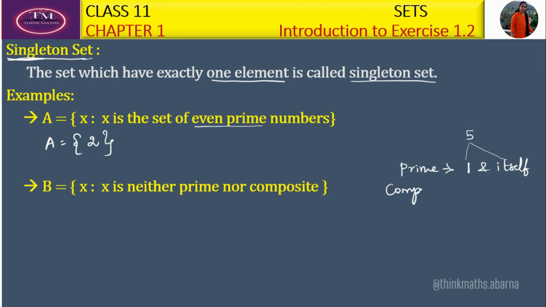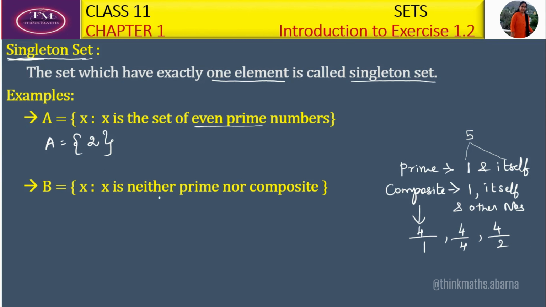Composite, what do you mean by composite number? It should be divisible by 1, itself and other numbers. If we take 4, 4 is divisible by 1, 4 is divisible by 4 and also by another number, 2. So this 4 is composite.